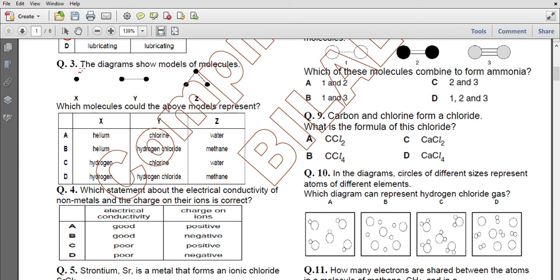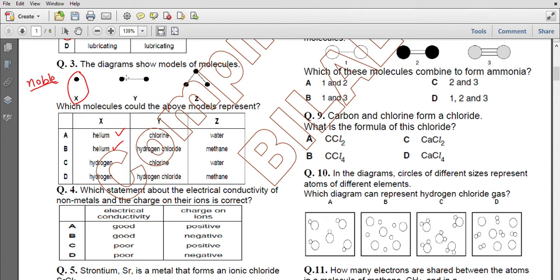So simply you have to focus on X. It is a single form, and keeping in mind the periodic table, only the noble gases exist as single or monoatomic forms. So option A or B both can be correct depending upon the other two forms. So X definitely should be helium as it is the single one.